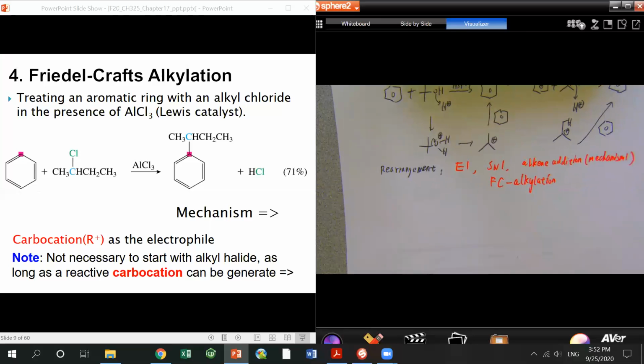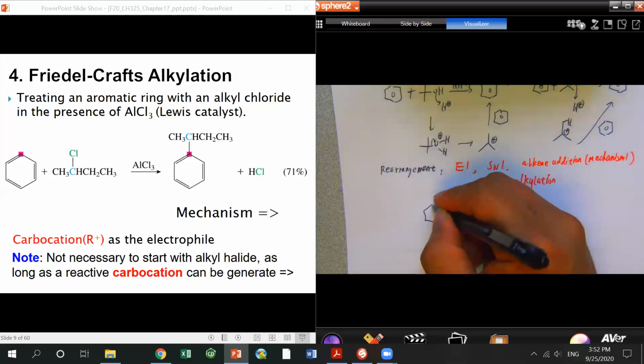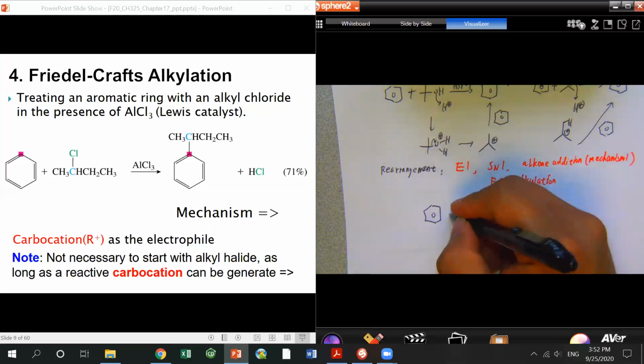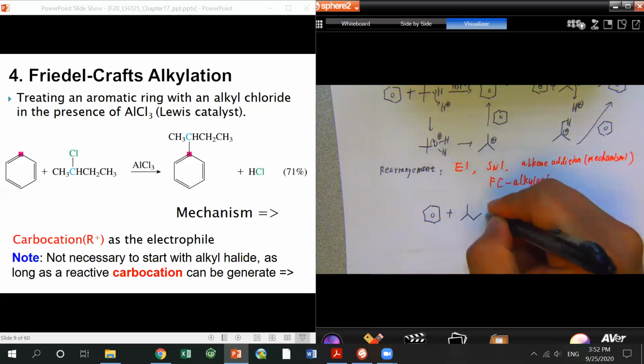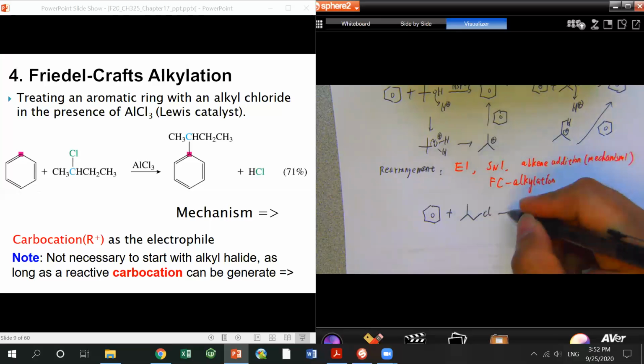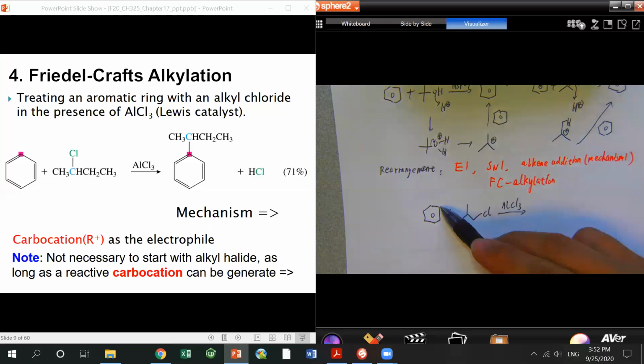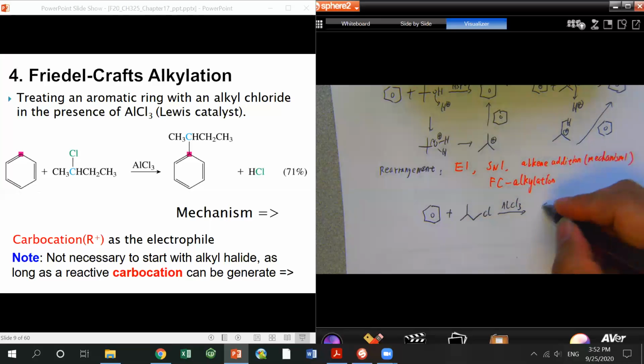Let me show you one example of rearrangement in Friedel-Crafts alkylation. For this reaction, suppose we put this isopropyl group on the benzene, but eventually we generate something like this.